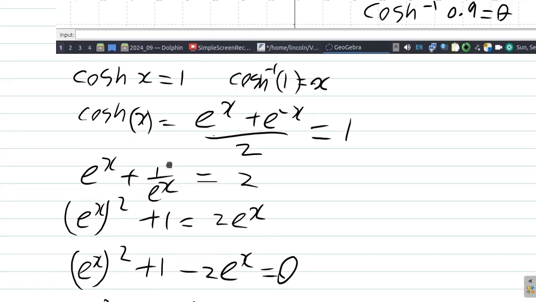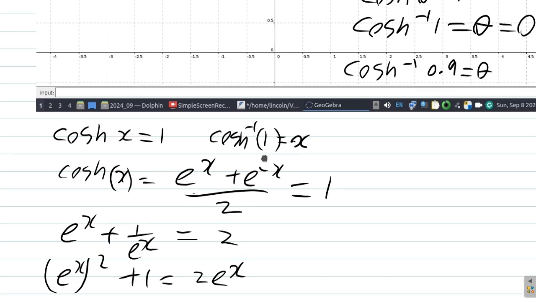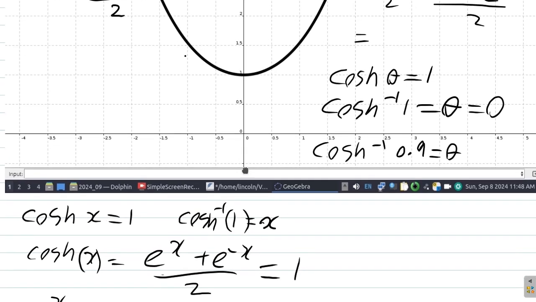So we saw that if we find the hyperbolic cosine of x to be 1, when we do our calculation, x would be 0. So the angle that we're looking at is 0 radians. So the hyperbolic cosine of 0 is 1.